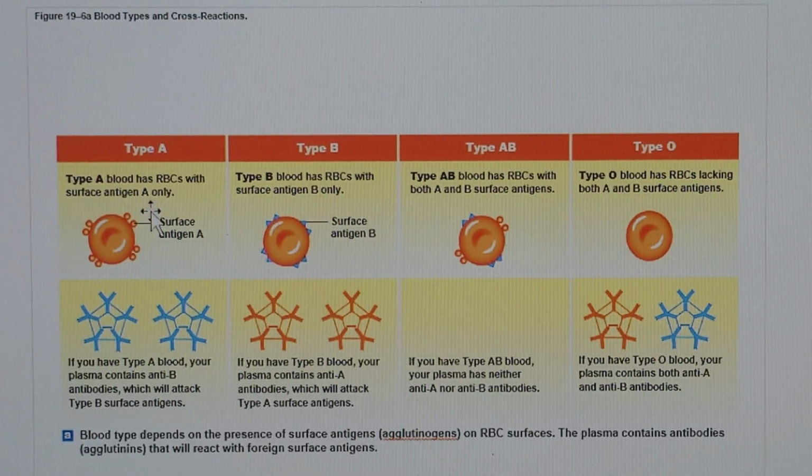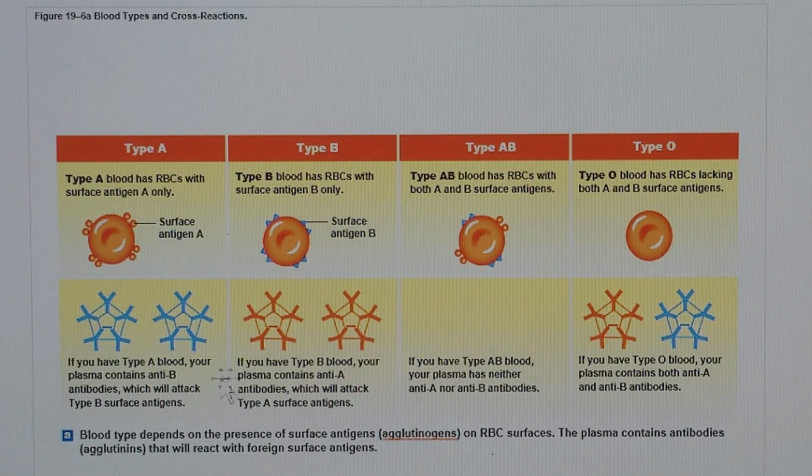Type A blood has red blood cells with surface antigen A only. And one thing to note, your antigen surface is based on shape.